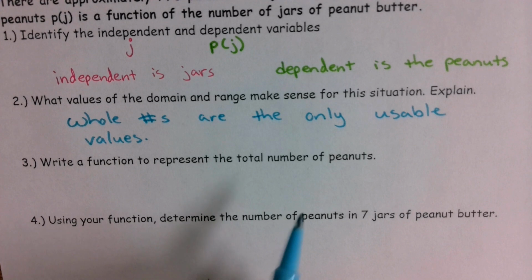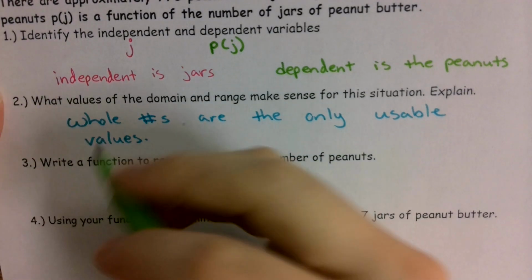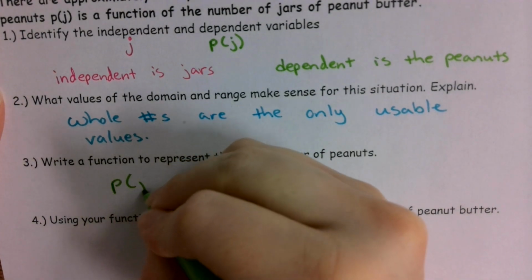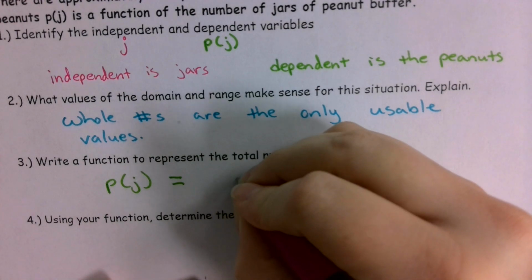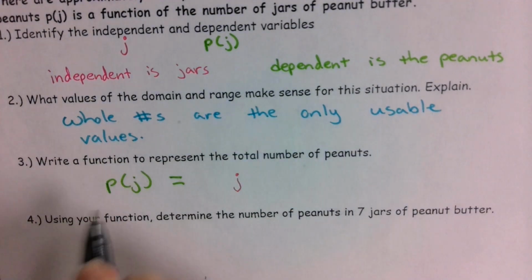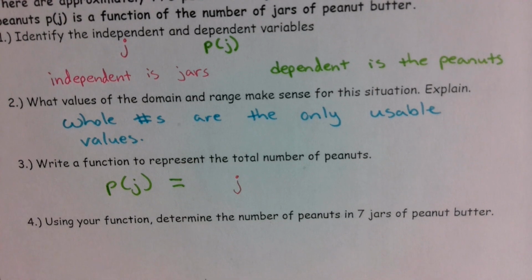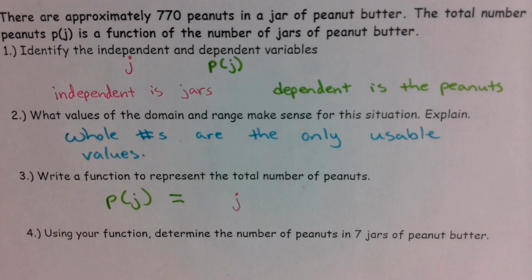Now, writing the function to represent the total number of peanuts that we're going to get. So we know that the function is P of J, where we're going to do something to the number of jars to figure out the total number of peanuts. What do you think that we're going to do to the number of jars? What do you think the rule is going to be? Multiply them by what?